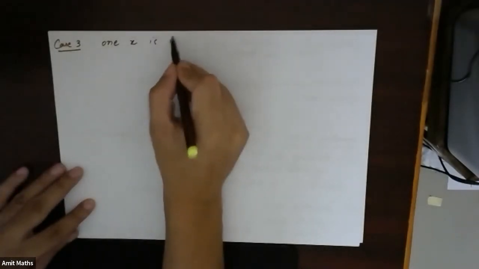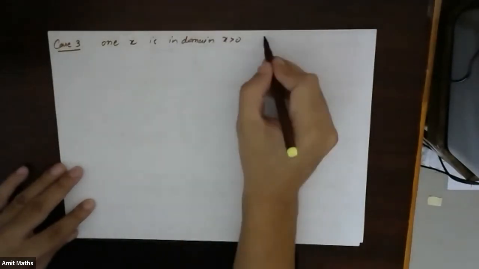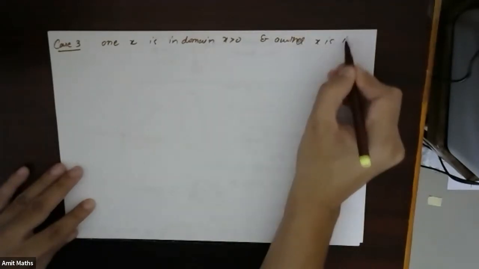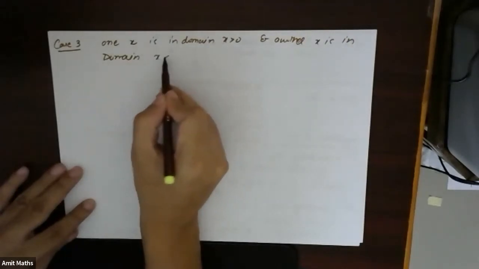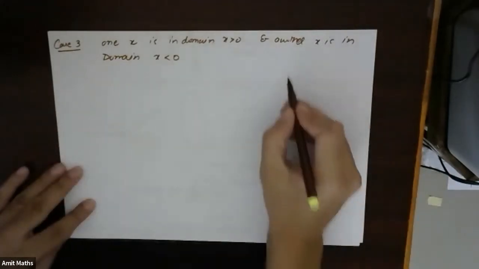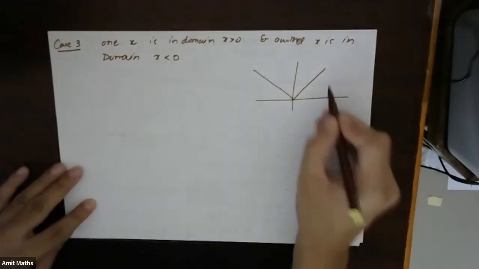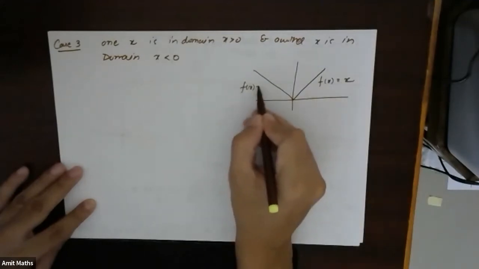Case 3 will be that one x is in the domain x greater than 0 and another x is in the domain x less than 0. If one x is on the right side and one x is on the left side, this function f of x was x and this function f of x was minus x.